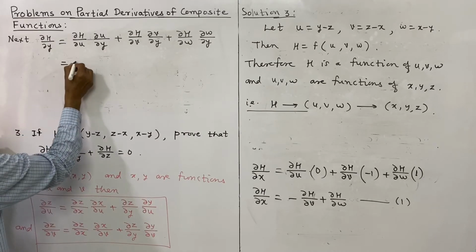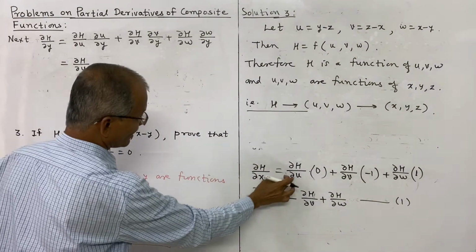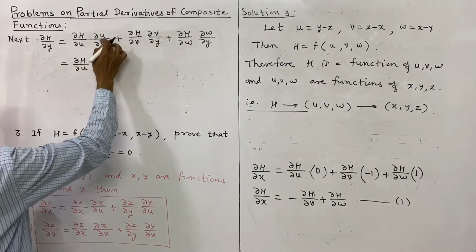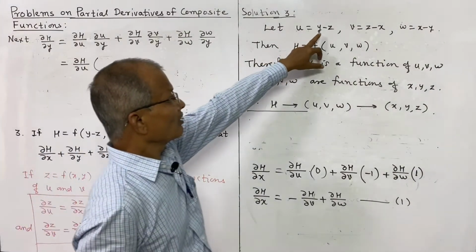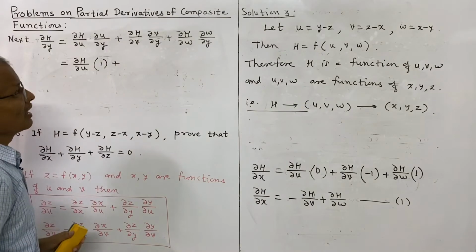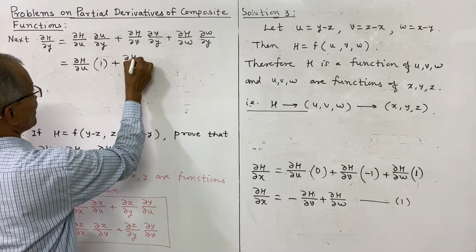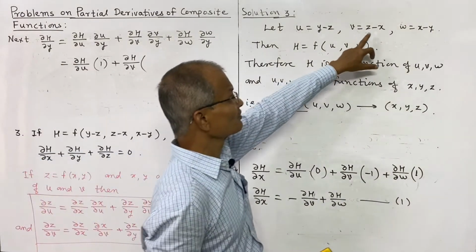This is equal to the partial derivative of h with respect to u, which will be the same as earlier. Now we have to only write the values. What is the partial derivative of u with respect to y? That is 1. So it is easy to write, and plus ∂h/∂v, the partial derivative of v with respect to y.